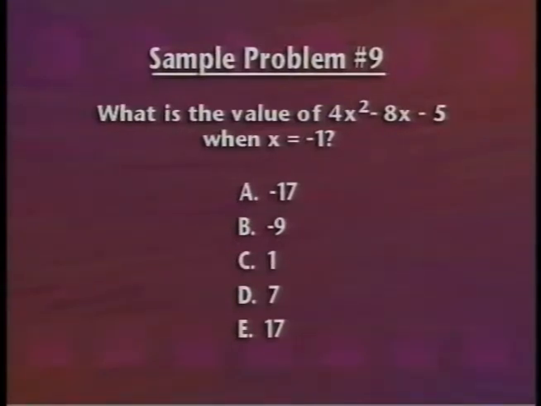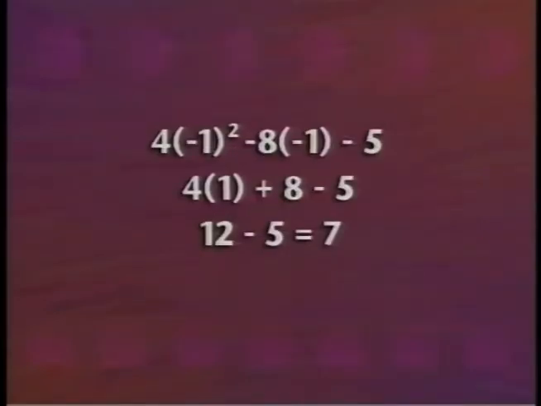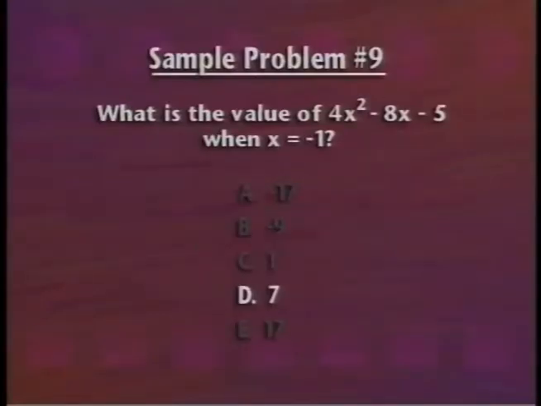For instance, plugging in 4 times, in parentheses, negative 1 squared minus 8 times negative 1 minus 5. Well, negative 1 squared is just 1, which gives us 4 times 1. Then we have negative 8 times negative 1, which becomes plus 8. Then we have our minus 5. Collecting terms, we have 12 minus 5 equals 7. Answer D.